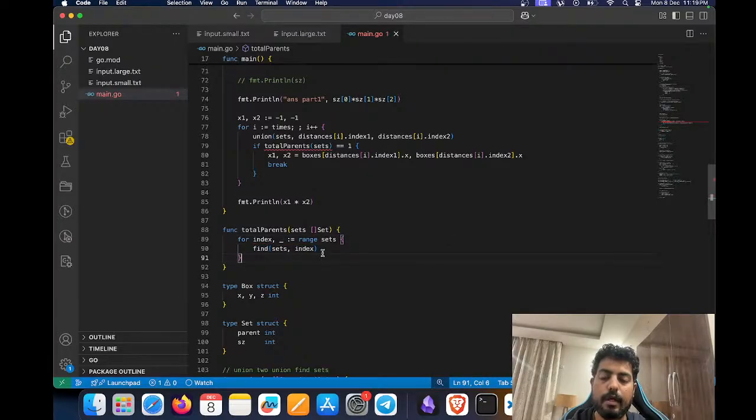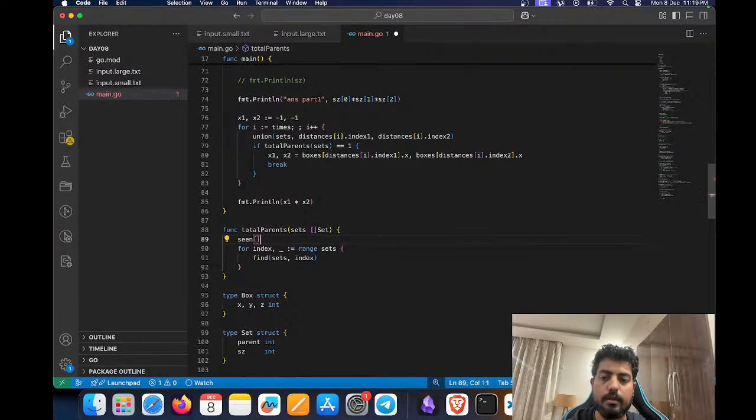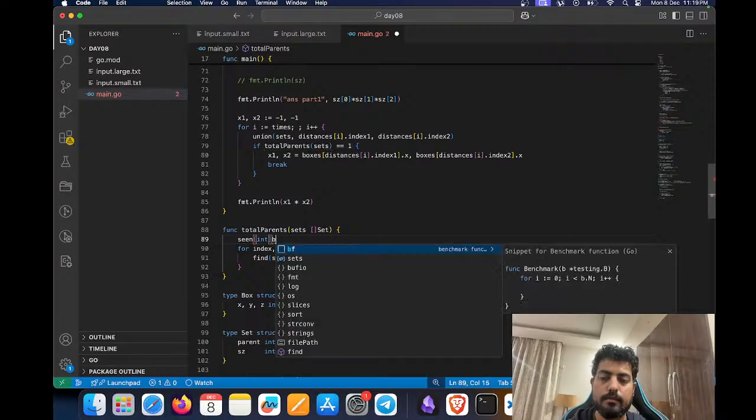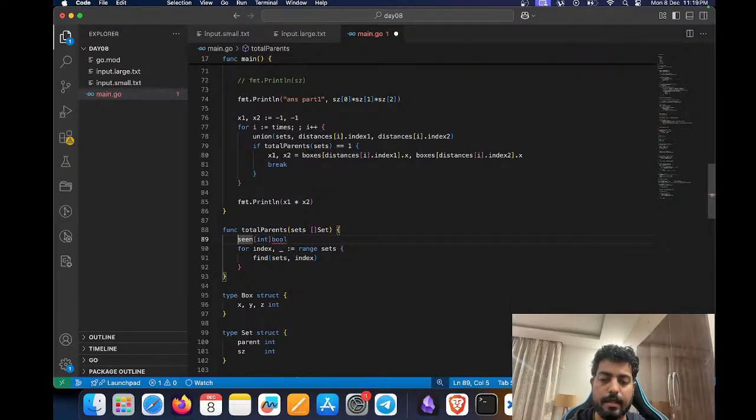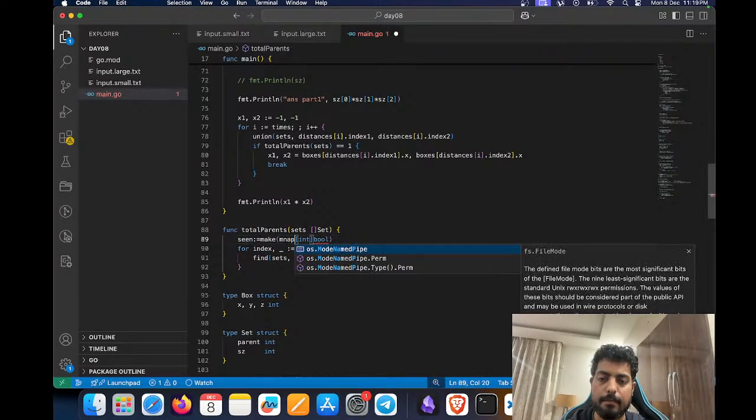So we need to find the parent of this, and we also need to have a map, again the same map we can have, which is a map actually.